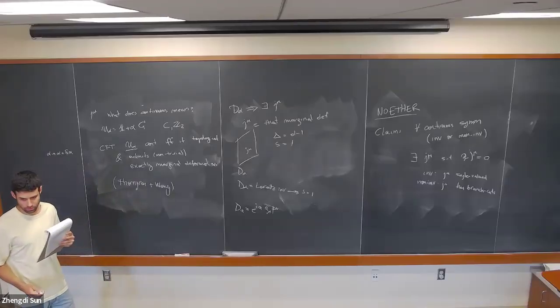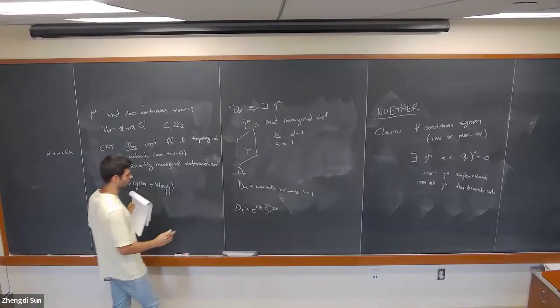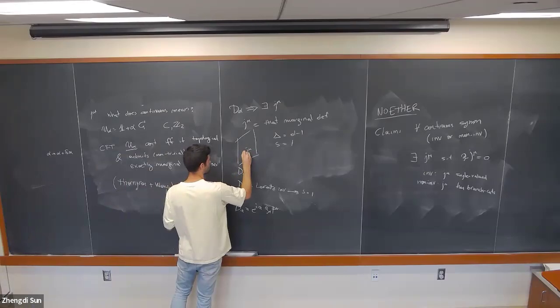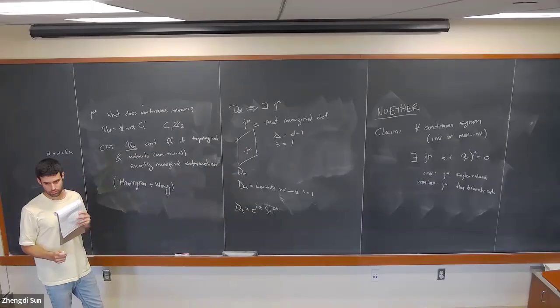I don't quite know how you go from this to the vector. I see, you're assuming that it's a local operator that lives on the defect. Then you're saying Lorentz invariance makes it obvious that it's a vector. I don't know how obvious it is, but yeah.